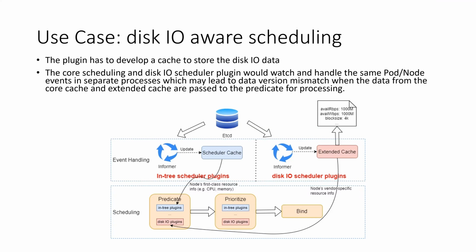And the idea comes from that every scheduler plugin needs to add an informer to watch the resource update and update the latest info to the local cache. And why don't we use one informer to take care of all of this? So that's the basic idea.